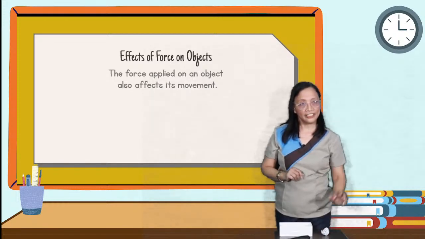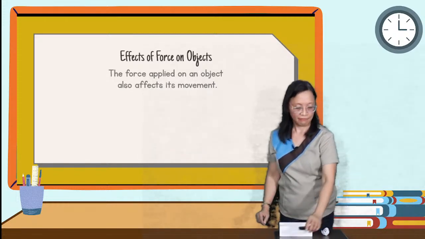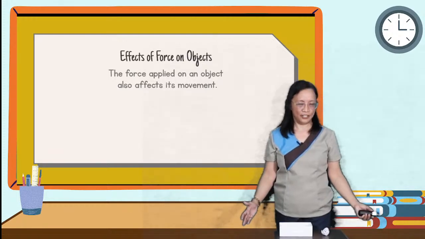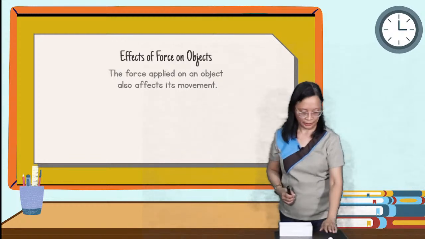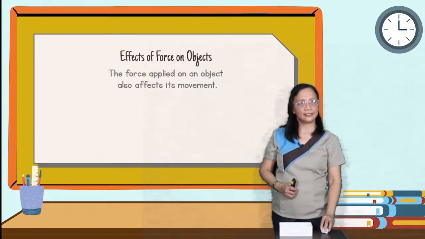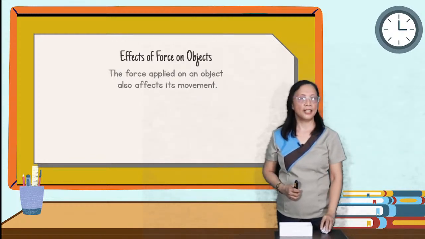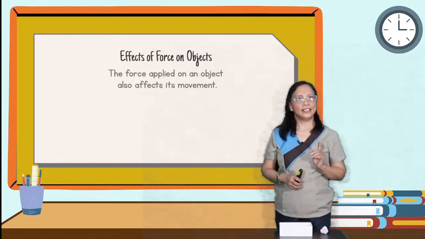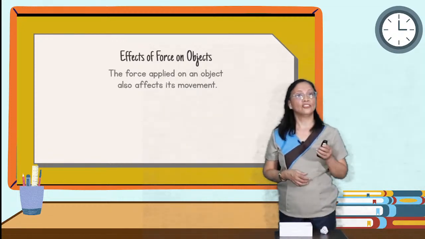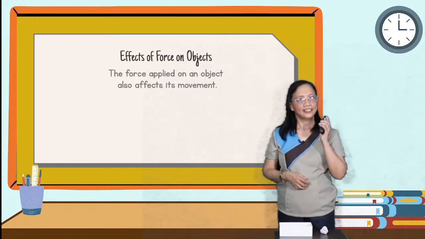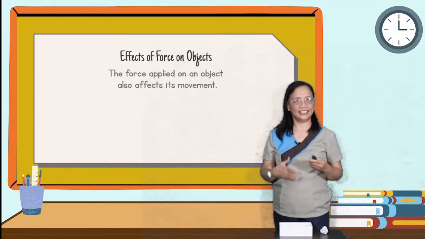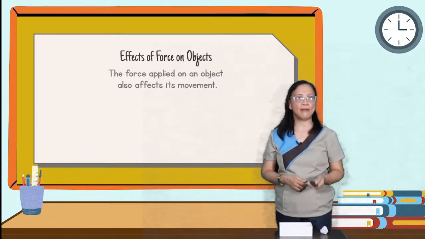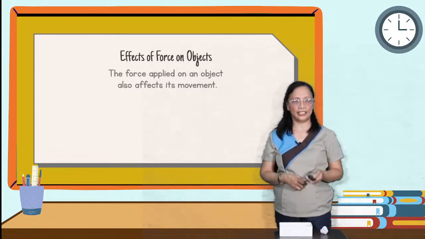I put it on the table. Is it moving? No. But when we apply force, I push and pull back, the paper will move. Why? Once force is applied to an object, its movement is also affected.